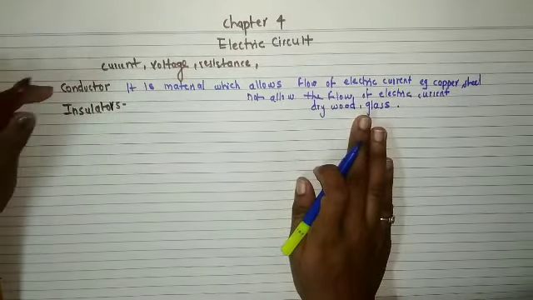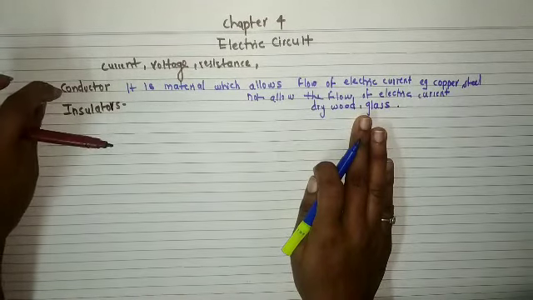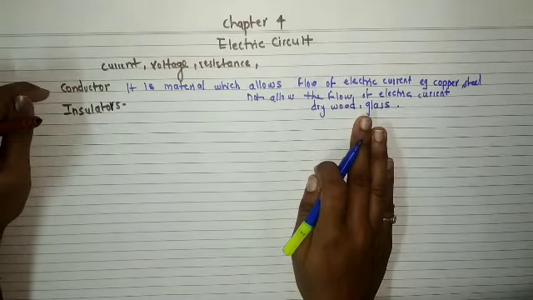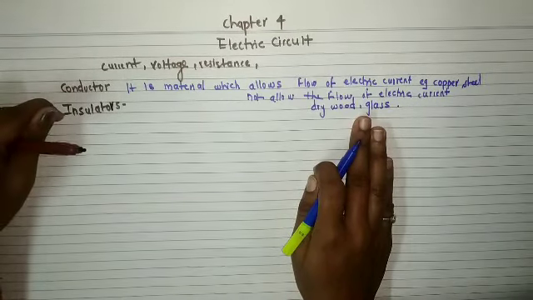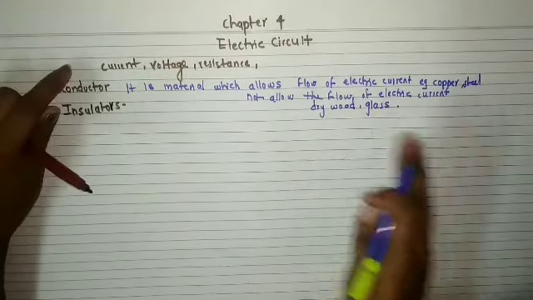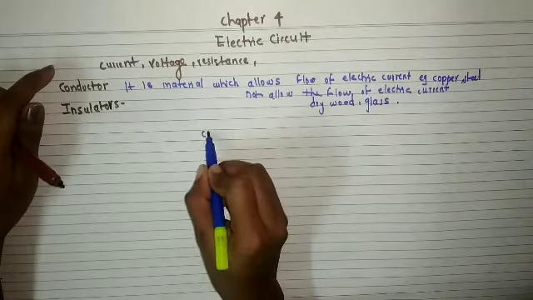So is it clear? Conductor and insulator. Conductors allow the flow of electric current, and examples are copper, steel, silver, gold. Insulators do not allow the flow of electric current. So now we'll come to the point, what is current?